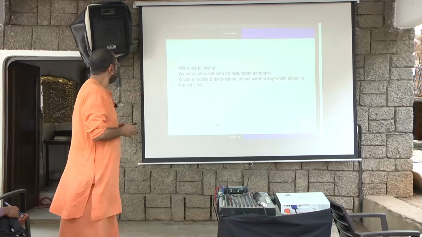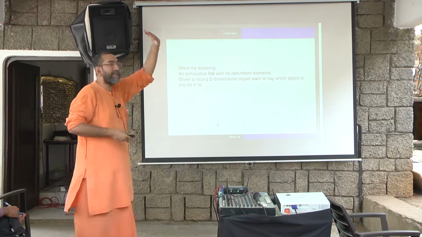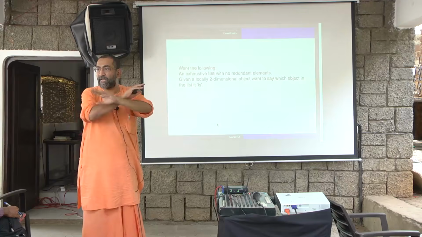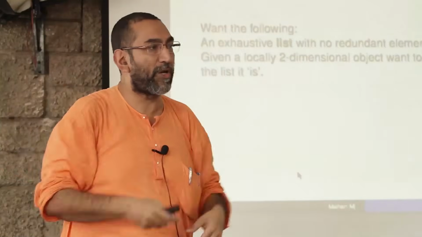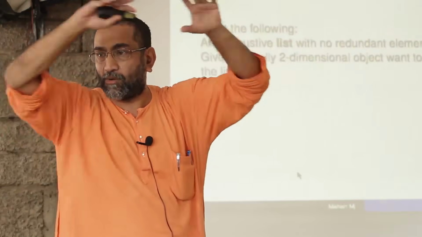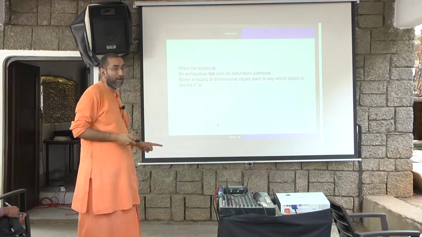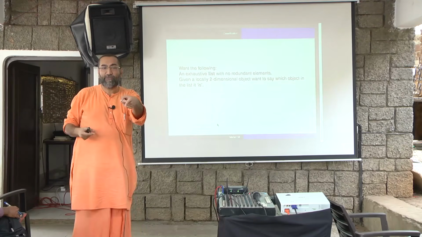What does it mean? You have a list that has two properties. It's exhaustive, which means that no new visual object that is thrown at you will lie outside this list, will fit into anything outside this collection of folders. Also, it should fit into exactly one folder.